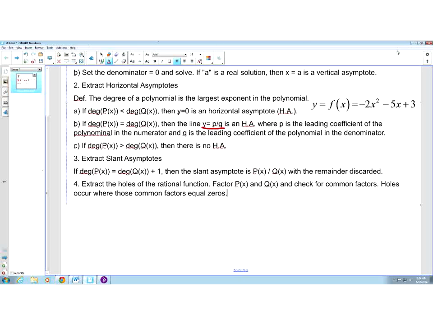So let's do an example. Yes, so let me write the function.